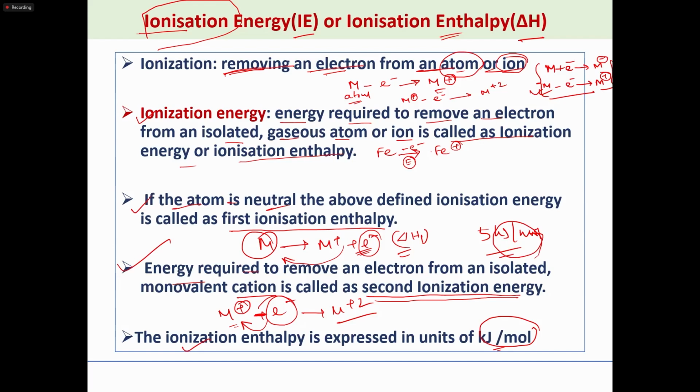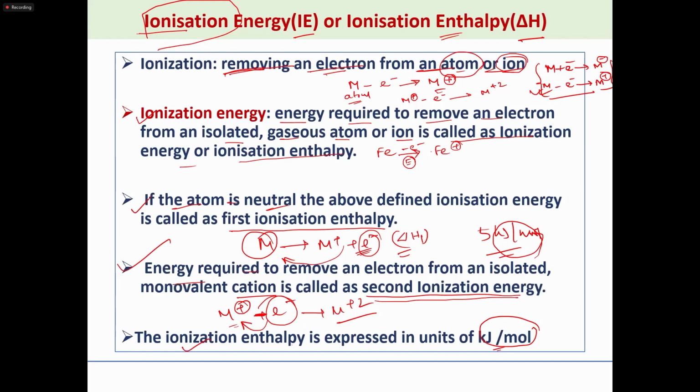So ionization means removing one electron from an atom, and ionization energy means some amount of energy is needed to remove an electron from the outer shell or valence shell of an isolated gaseous atom. So you think about it: some amount of energy is needed, and we are giving that amount of energy from the outside.